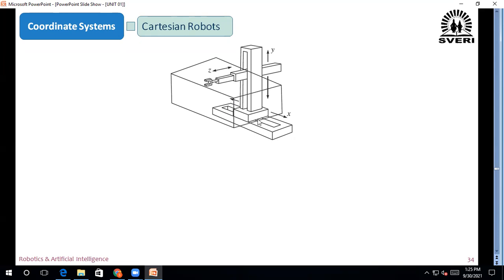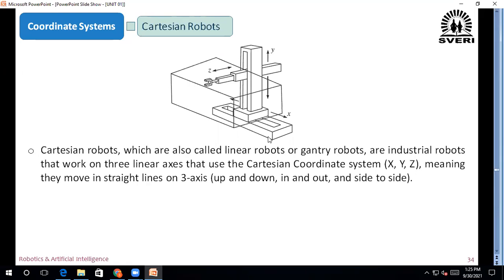And this whole base will move horizontally, that means in X axis direction. We are going to see the videos also. Don't worry.